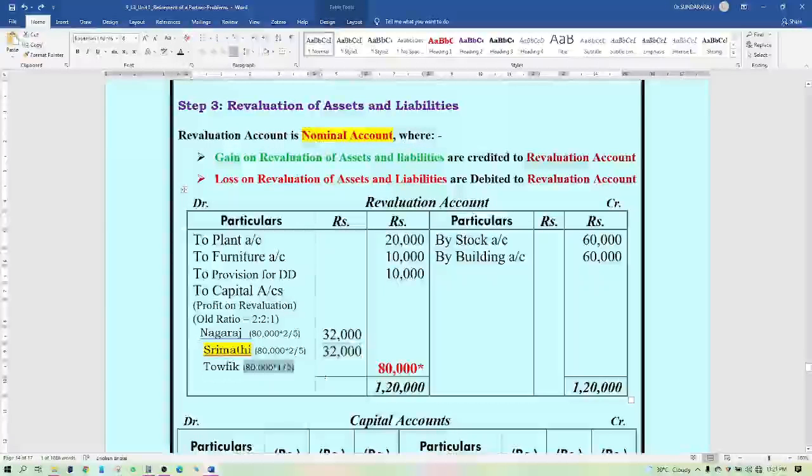For Taufik, it is a 1/5 share, so it will be 16,000 rupees. So the profit on revaluation of 80,000 is shared by all the partners: Nagaraj 32,000 rupees, Srimati, the retiring partner, 32,000 rupees, and Taufik 16,000 rupees.